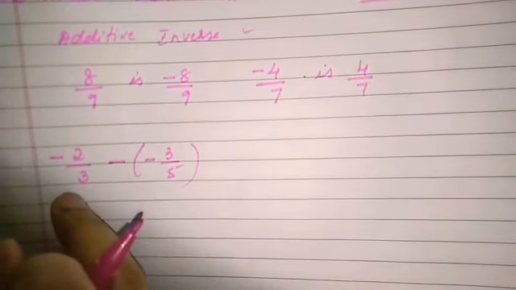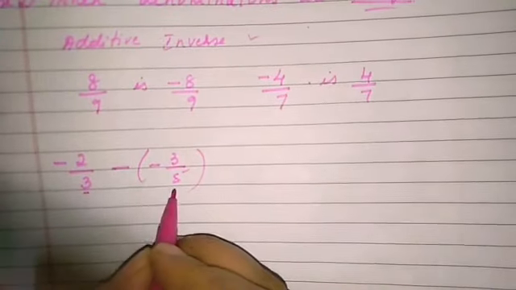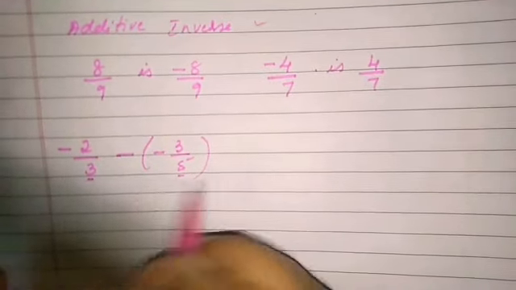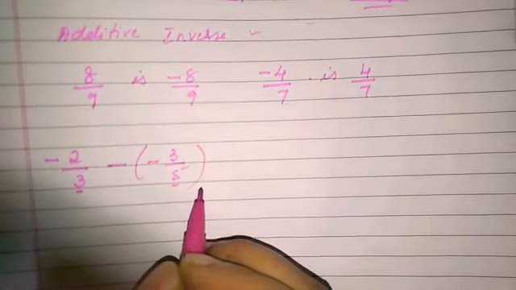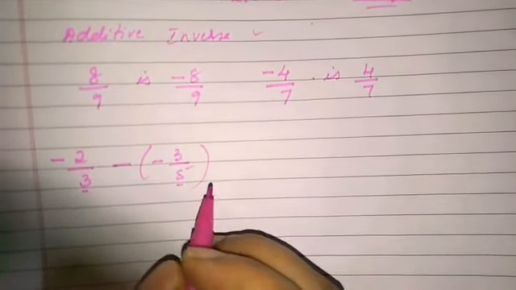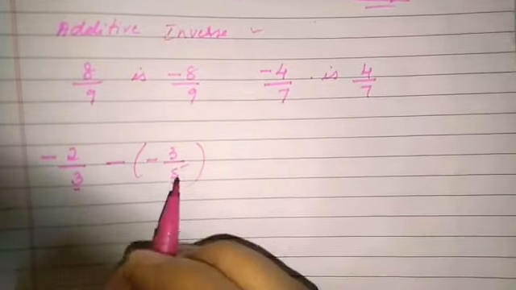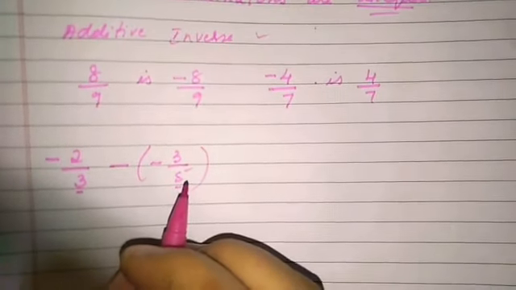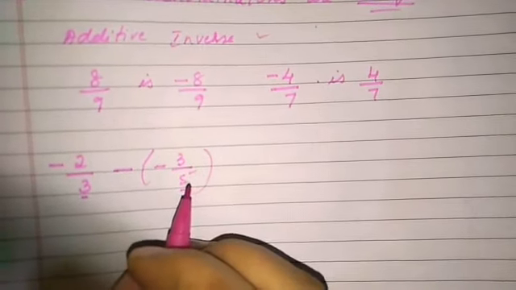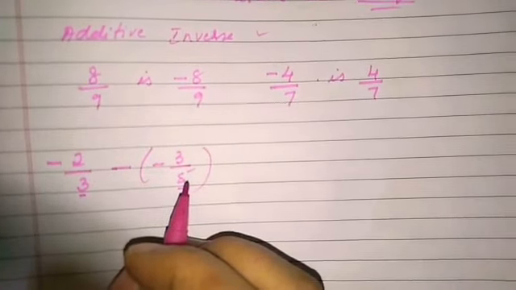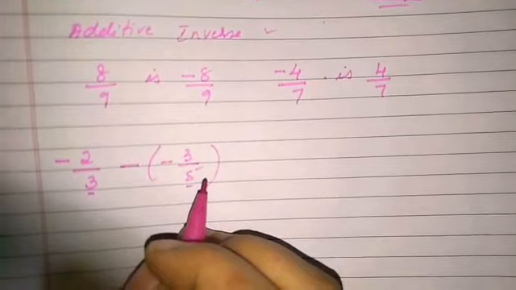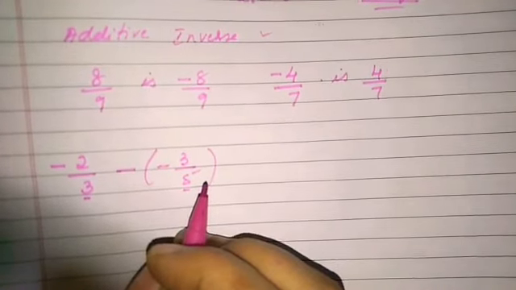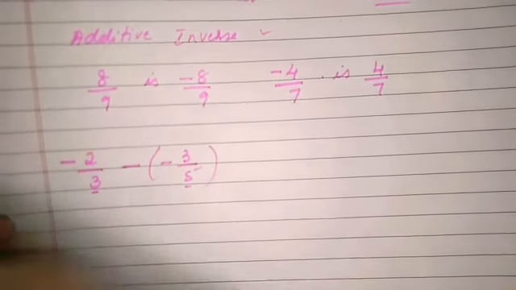Now what we see here is that the denominators are unequal, they're not the same. So the moment you see, especially for subtraction, that the denominators given in the rational numbers are not the same, the first thing that should click in your mind is that additive inverse has to be added.